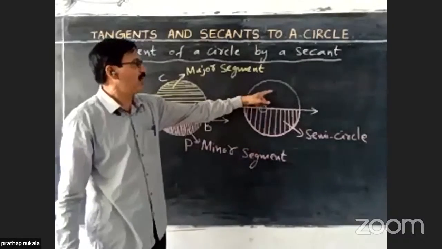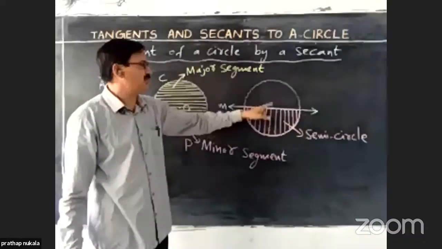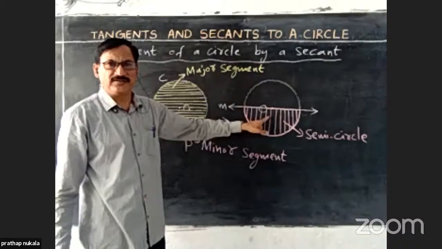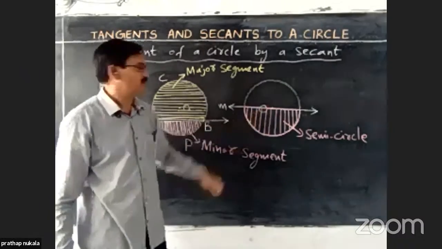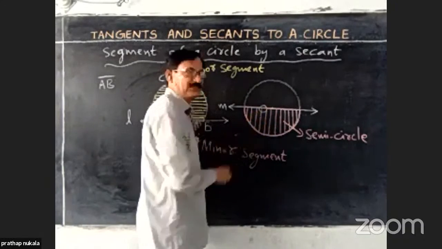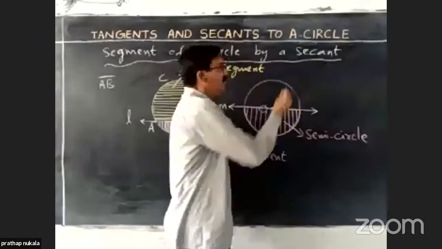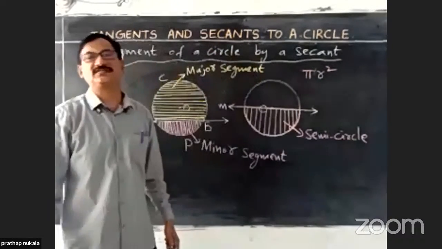Therefore, if we find the area of the semicircle, this is not important in our syllabus, but we have to know the concept. If we have to find the area of a semicircle, the lower portion or upper portion, simply, what is the area of the circle?